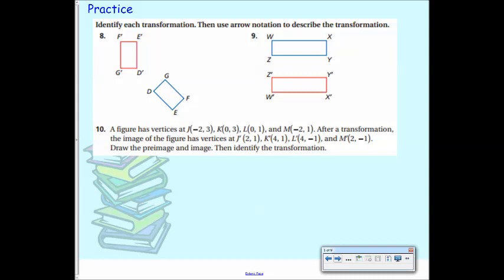Okay, so with number 10, the easiest way to recognize that it is a translation is how? Because at first, if you first look at it, because it's a square, it kind of looked like it could be a rotation. So how do you know that it's a translation and not a rotation? Ash? Like J and K, they were still both at the top. Exactly. So what do you have to do when you put these on a coordinate plane?